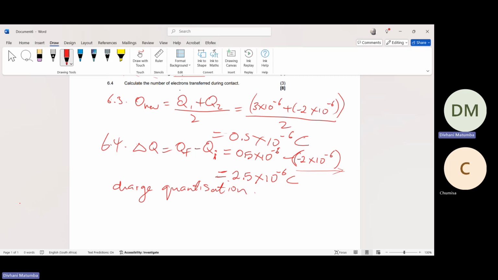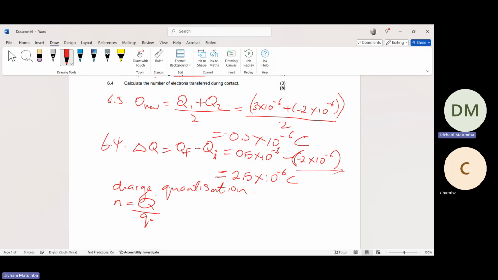charge quantization. What does it say formula-wise? The number of electrons is given by Q divided by Q of an electron. You remember this formula? Yes, sir. Because we want to see how many electrons.